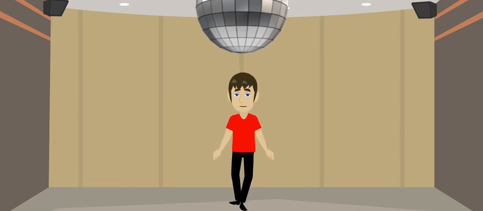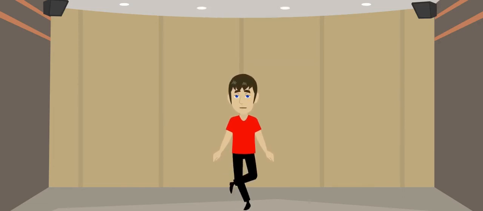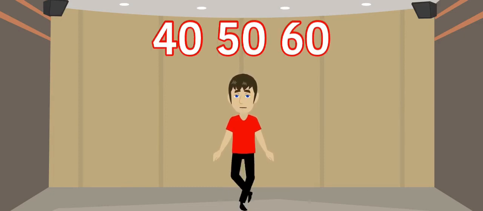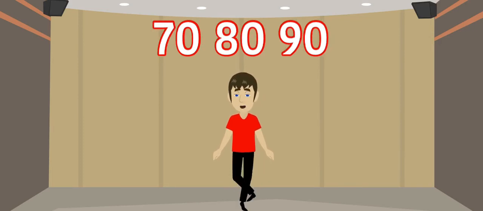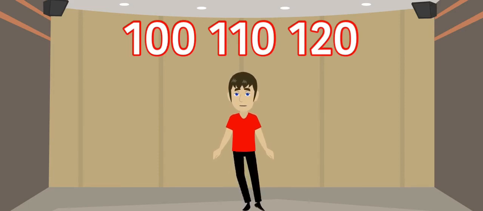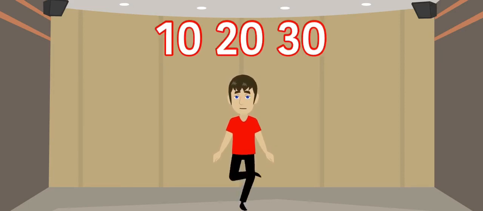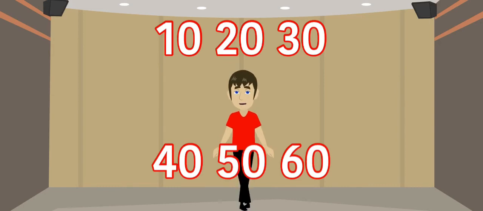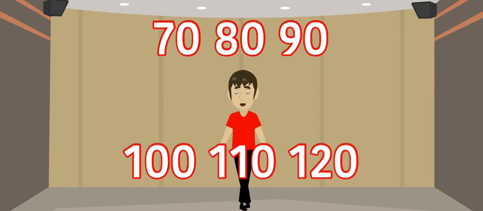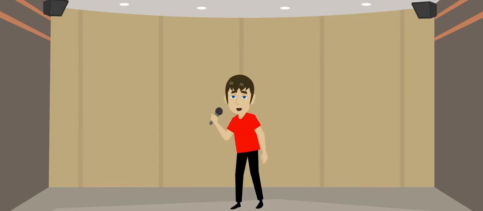Here we go. Let's count by tens. 10, 20, 30, 40, 50, 60, 70, 80, 90, 100, 110, 120. Again, 10, 20, 30, 40, 50, 60, 70, 80, 90, 100, 110, 120. 10, 10, 10.